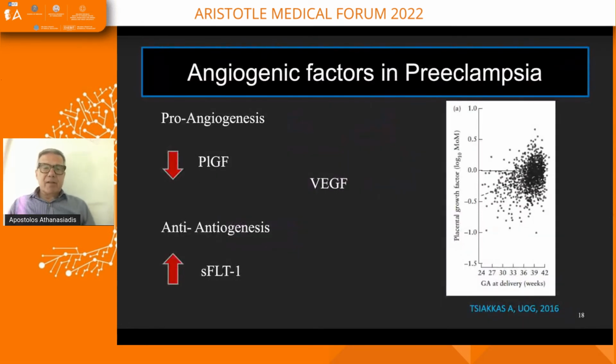So the angiogenic factors in preeclampsia, as I said before, increase the antiangiogenic factor and decrease the proangiogenic one. And the clinical presentation is the consequence of widespread endothelial dysfunction triggered by the excess of sFlt-1.